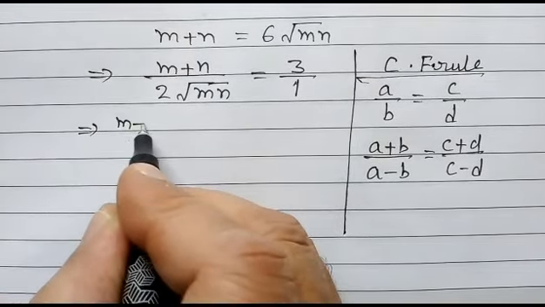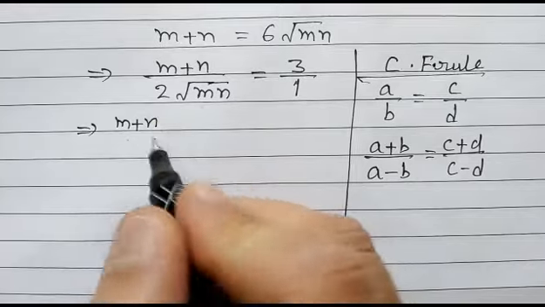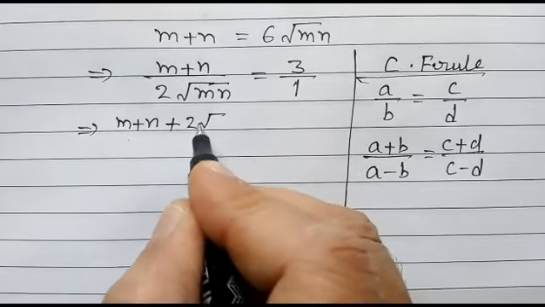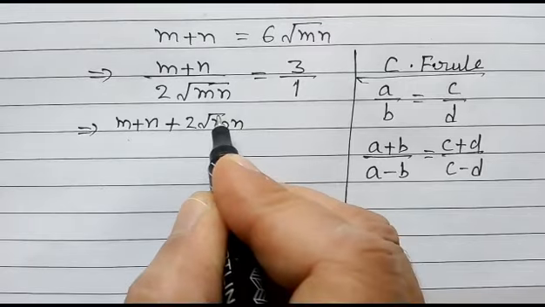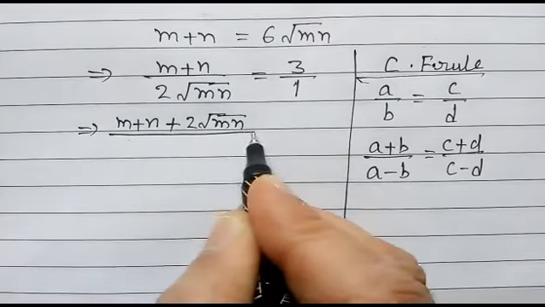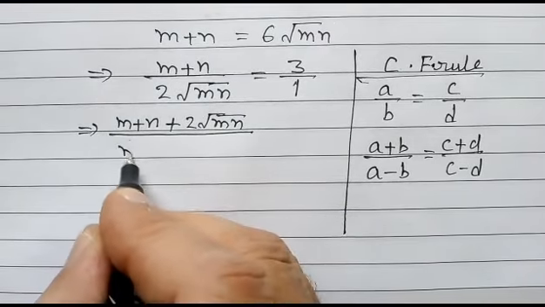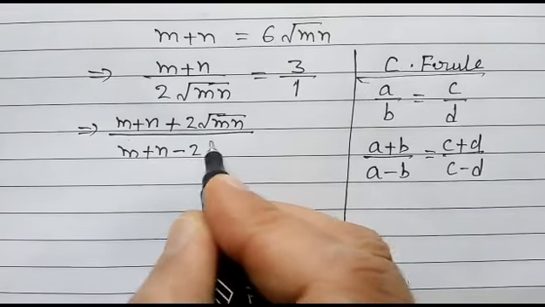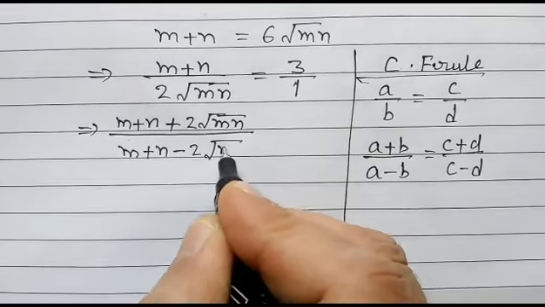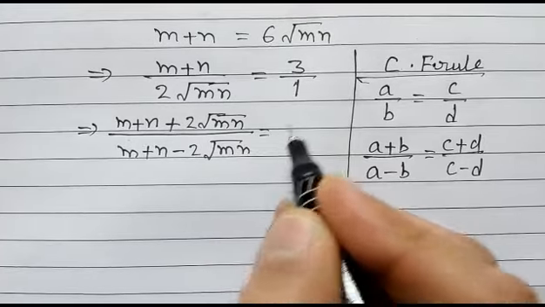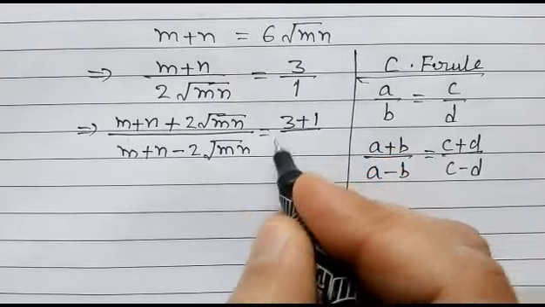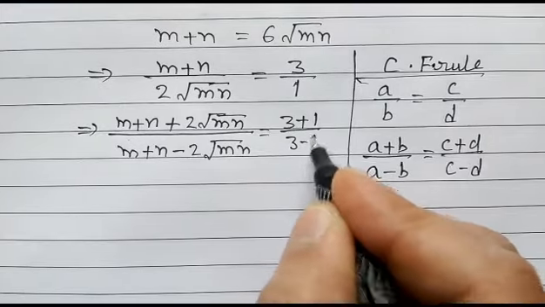Now (m plus n plus 2 square root of mn) over (m plus n minus 2 square root of mn) is equal to (3 plus 1) over (3 minus 1).